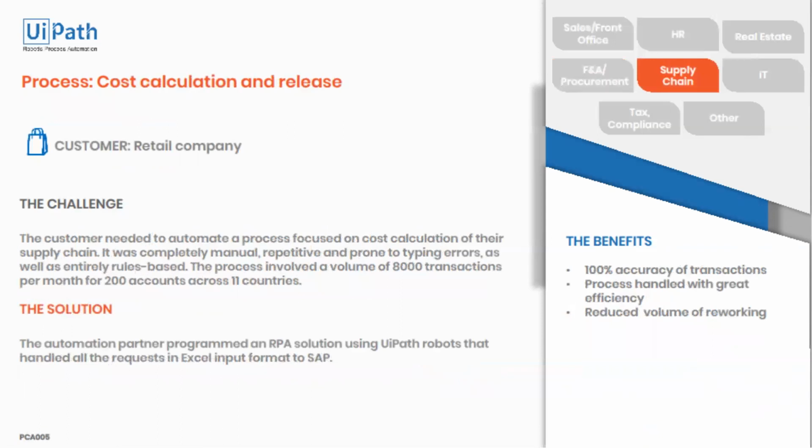Cost calculation and release. So looking at all of your inventory items and updating your inventory items, making sure that those are always accurate and always up to date. We've had a number of companies that either have to recost their items on January 1st, and so therefore people are coming in on the holiday to update their inventory items.